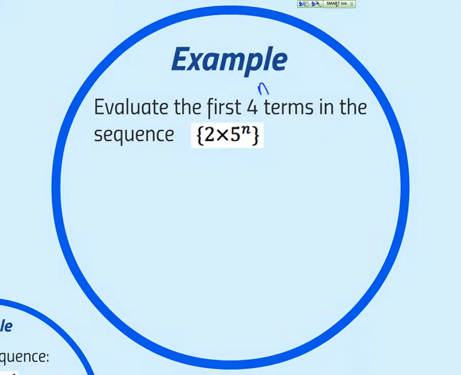So I'm going to have to use n as 1, 2, 3, and 4, and actually keep going with this math to get the first 4 terms in my number sequence. So I would start with 2 times 5 to the first power. So 2 times 5 is just 10. So that's my first term when I plugged in 1.